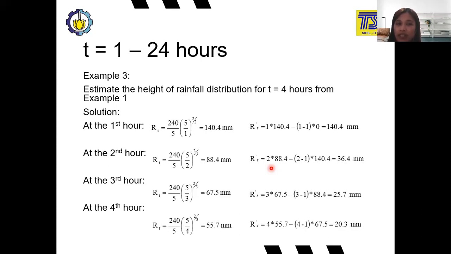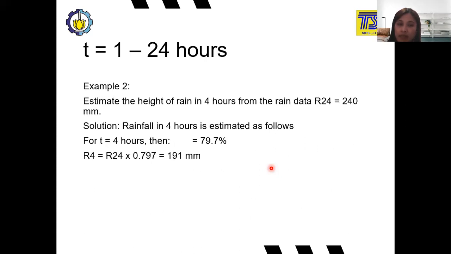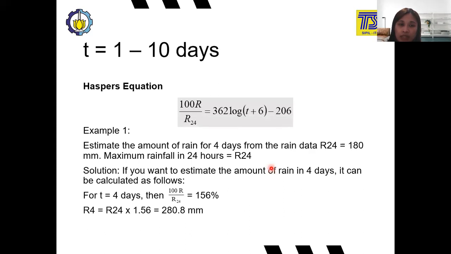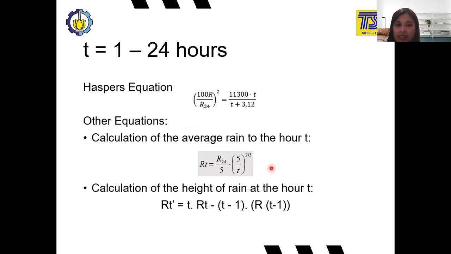How about if we calculate the height of the rainfall distribution for 4 hours from example number 1? Here we have example 1, the rainfall from the rain data R24 equal to 180 millimeters.